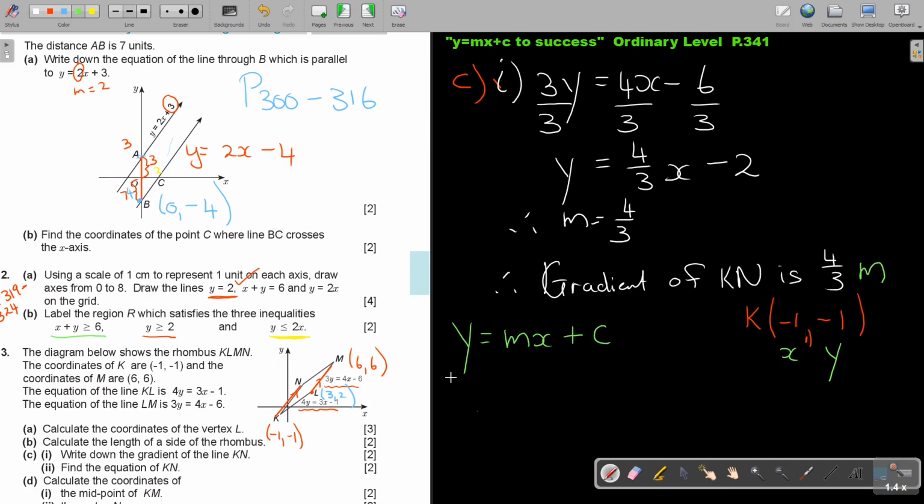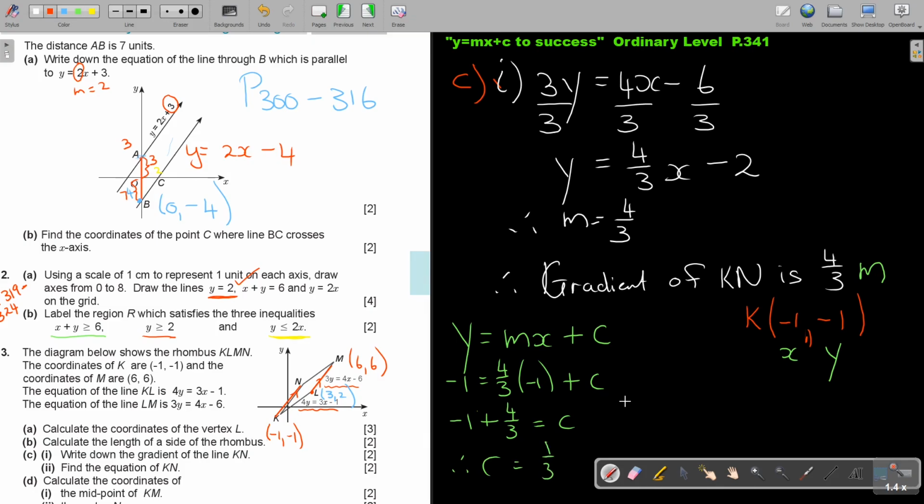And in the place of y, it's -1. In the place of m, 4 over 3. In the place of x, -1 plus c. So it's -1. And if I bring this over, plus 4 over 3 is equal to c. And what will be the value of c? So if I subtract 3 over 3, the value of c will just be a third.